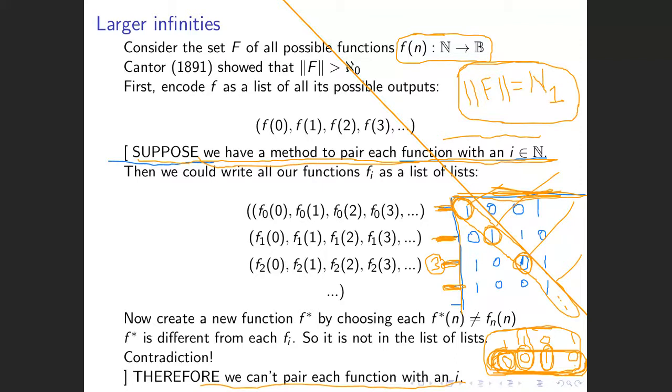So there are functions that are possible that cannot be expressed by any finite length halting computer program. And there are a lot of them. Actually, most functions are uncomputable because the size of this set is massively bigger than the size of the natural numbers.